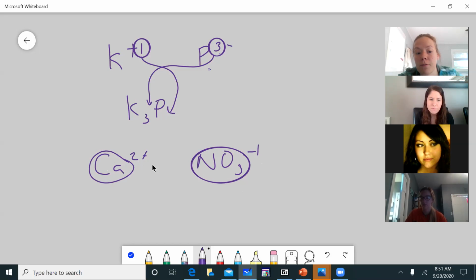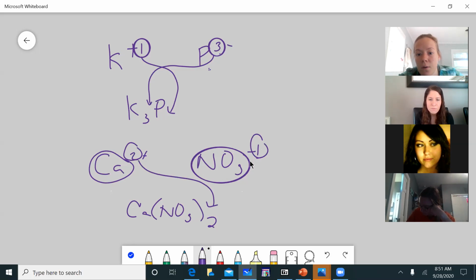So we're going to flip flop. I have 1 calcium because the 1 gets dropped down here. Nitrate, I have to have 2 of them, so I put it in parentheses and put a 2 around the outside. The 2 gets dropped down here, the 1 gets dropped down there. Flip flop.